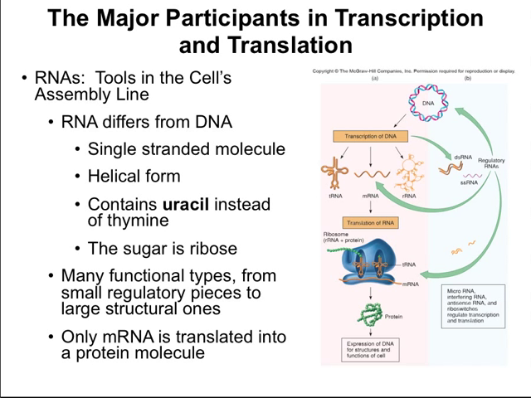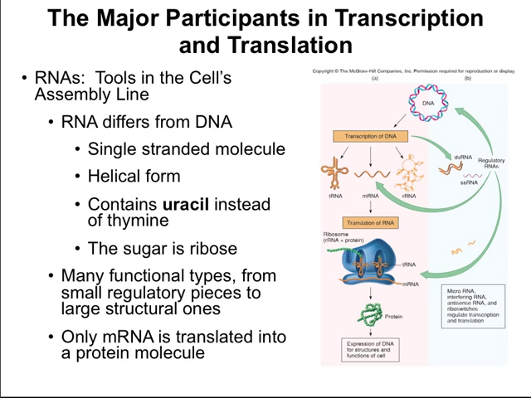RNA differs from DNA in that it's a single-stranded molecule, still with a helical form, but it contains uracil instead of thymine as one of the nitrogenous bases. And as you recall, thymine is one of the pyrimidines, and so uracil is also a pyrimidine and thus a single ring structure.